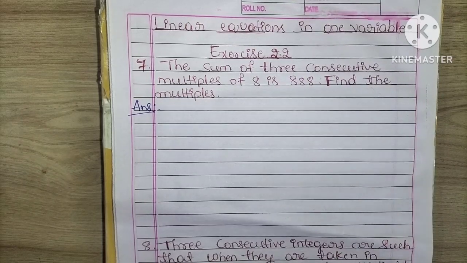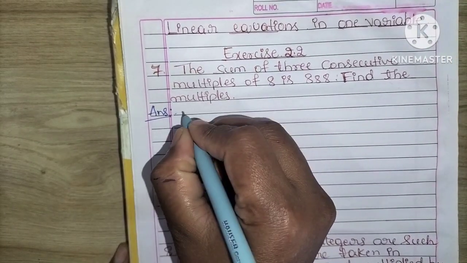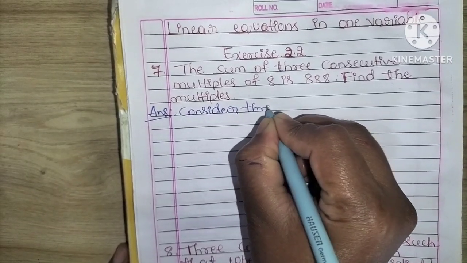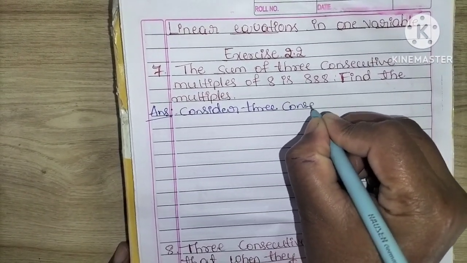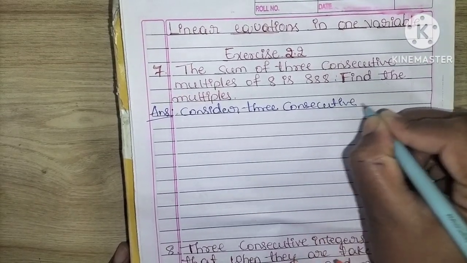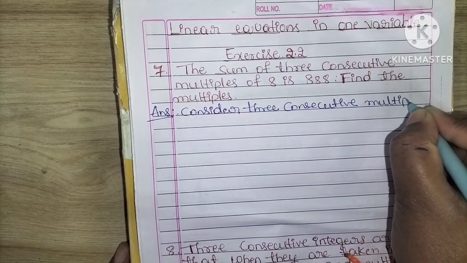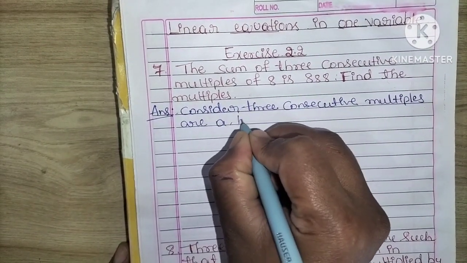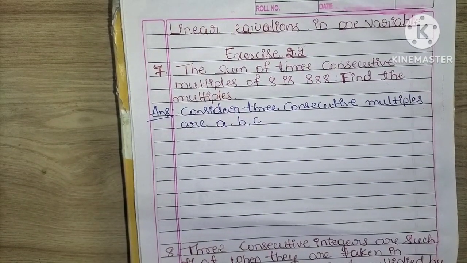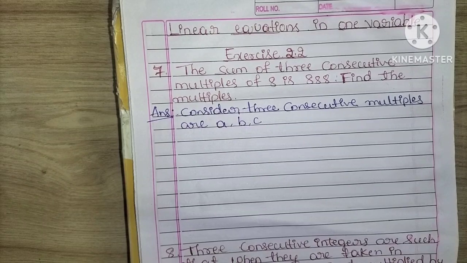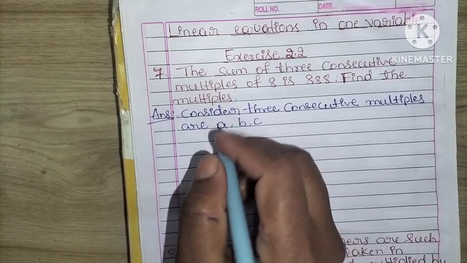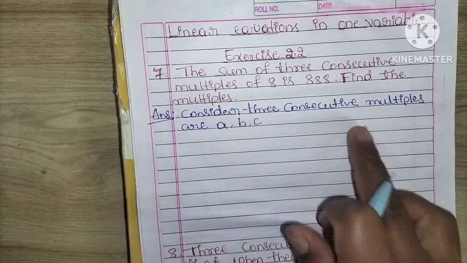We don't know those consecutive multiples, so we have to consider them as variables. Consider the three consecutive multiples as A, B, C. We don't know them, but their sum is 888. The term consecutive is very important.